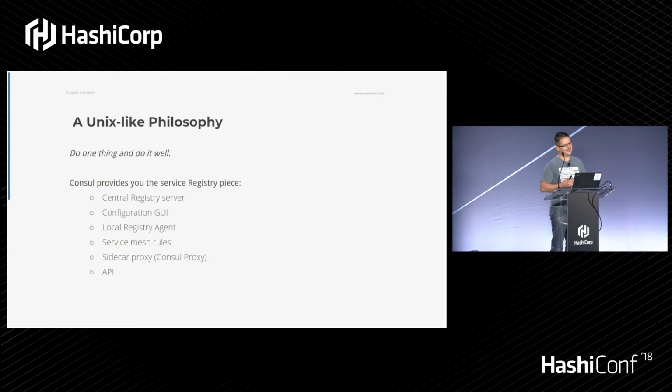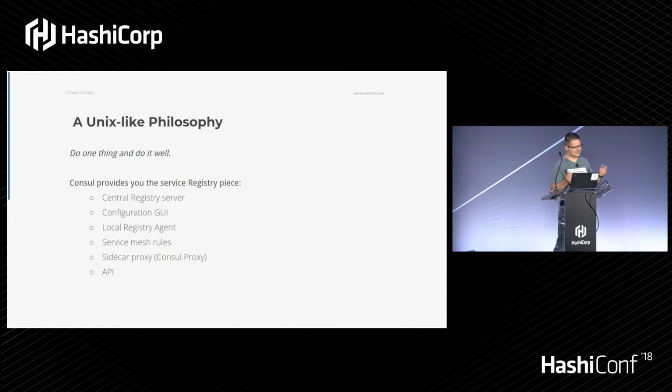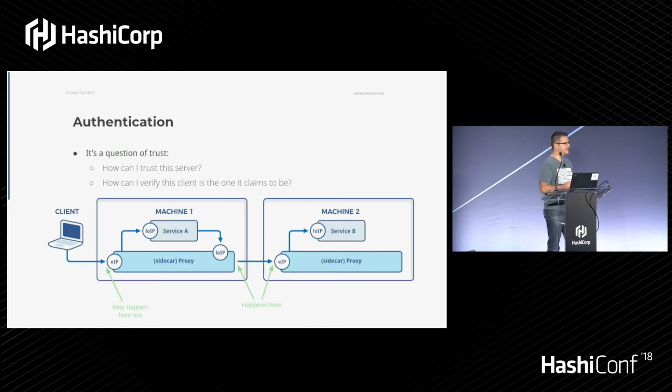Well, one thing, it's more than one, but it focuses on service discovery, service registry. It has a simple GUI to see everything. The same binary can be used as a server and a client. And it can also embed a sidecar proxy. So, cool. And it's API driven, so we like it because we can integrate easily with it.